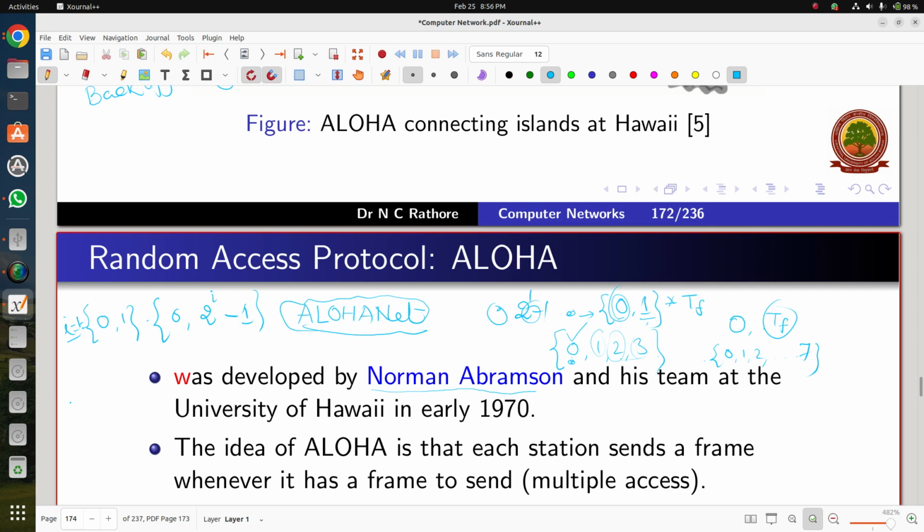So for the ith iteration, the random numbers that you will generate will be between 0, 1 and so on up to 2 to the power i minus 1 इस रेंज में. और इसे आप फिर TF से मल्टीप्लाई कर देंगे. So obviously in the ith round i may be 1, 2, 3, 4, whatever.